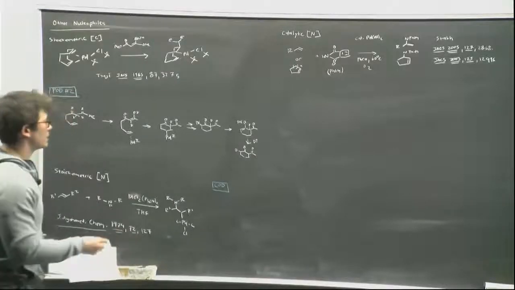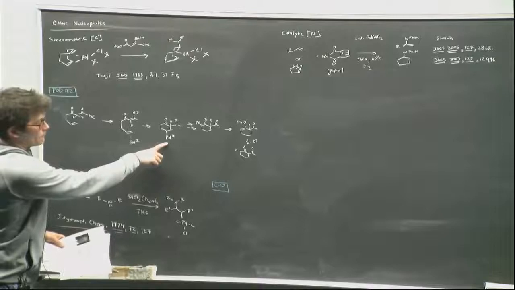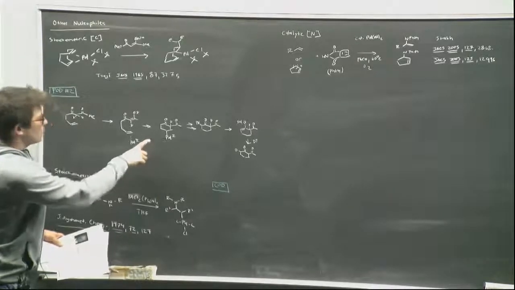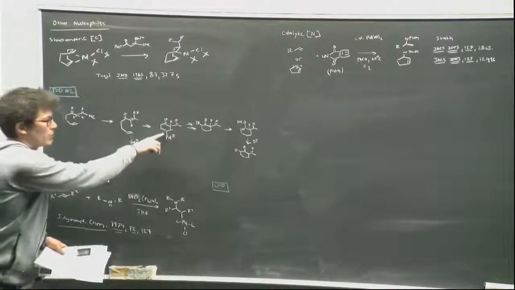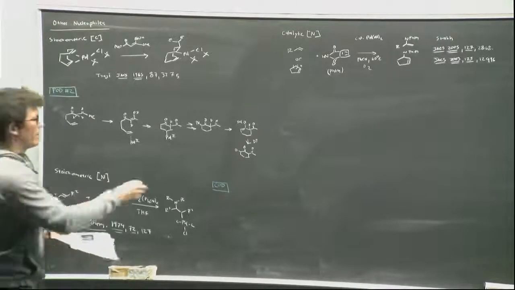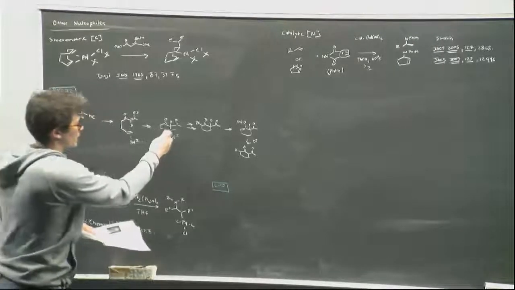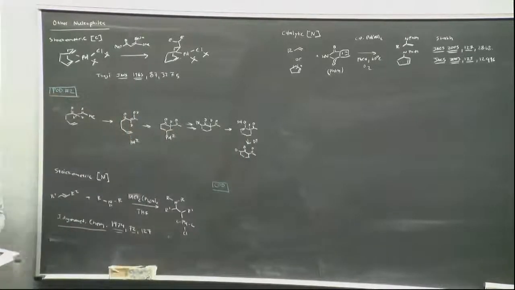But the key point is that if from here you had an immediate protonation step, then you would expect the proton to be here, and that's a non-exchangeable position. So the fact that you don't get any deuterium incorporation at this position and do get some here is evidence that there's a chain walking process.